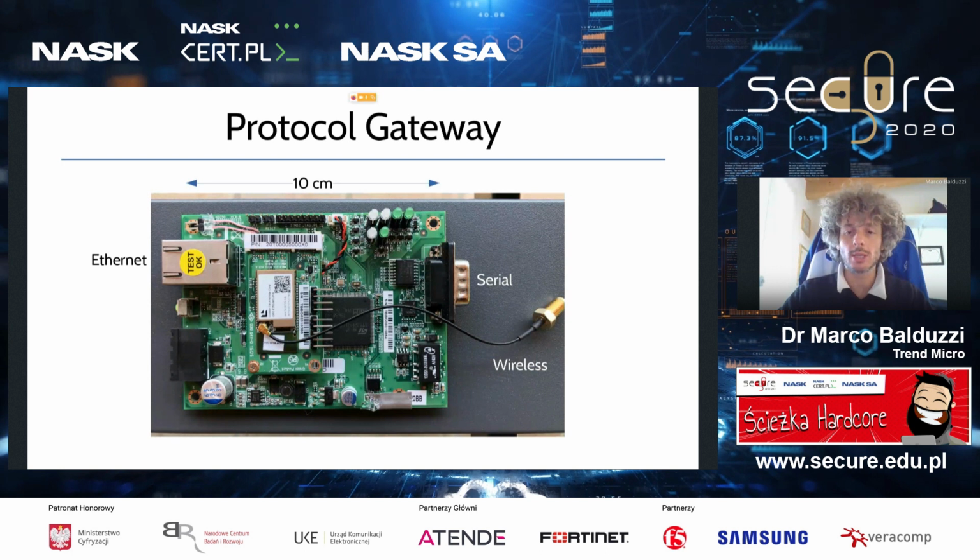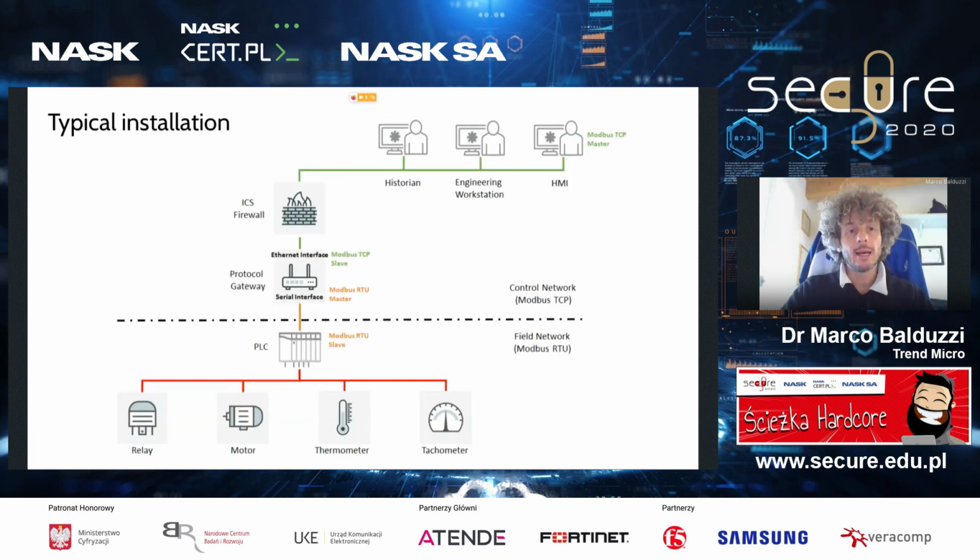For example, they're used to connect the control network to the field bus network, where you actually have the PLCs and the machines. But they could be used in other scenarios too, like if you want to control some sensors or some motors remotely, for example via GSM, that's also possible.